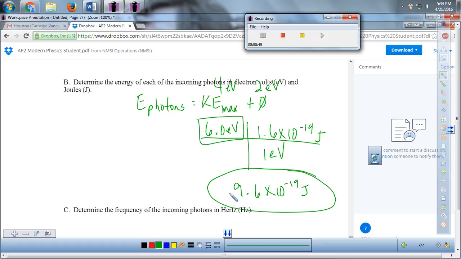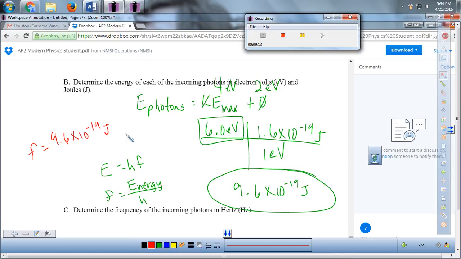All right, incoming frequency. So frequency is going to be equal to, well, I know that E is equal to hf. So the energy of the incoming photons divided by Planck's constant should give me the frequency. So frequency is going to be 9.6 times 10 to the negative 19th joules.